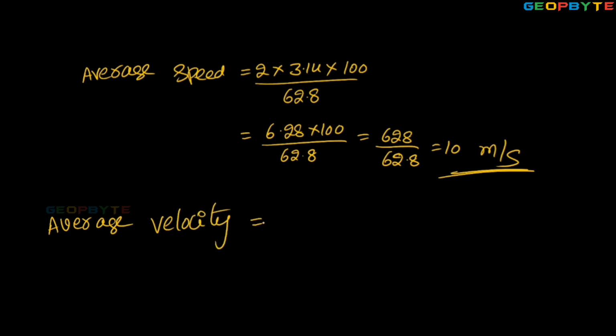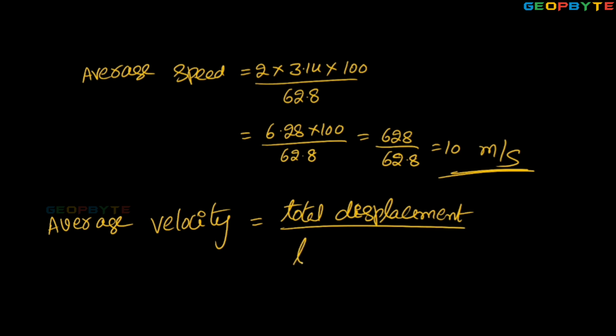Average velocity equal to total displacement divided by total time taken. Total displacement for a circular motion: it starts at a particular point and again comes back to the original point on completion of one circle.